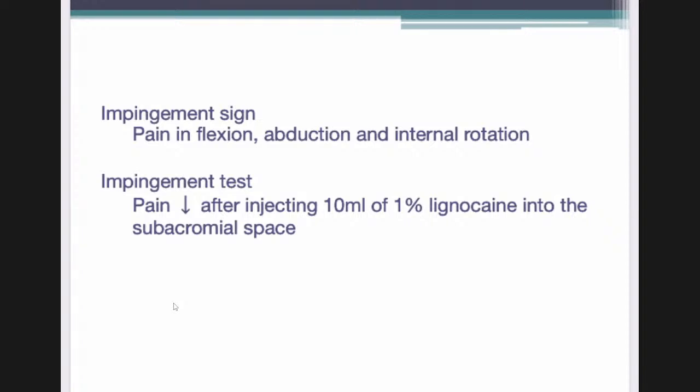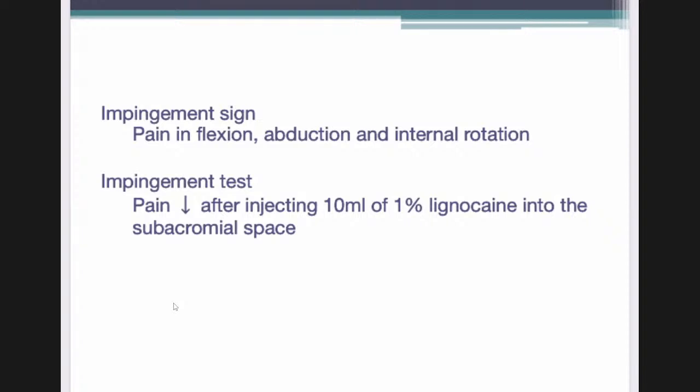Now, another term is the impingement test. What we do is inject about 10 ml of 1% lignocaine into the subacromial space, just above the tendon. When we inject the local anesthetic there, the pain decreases.